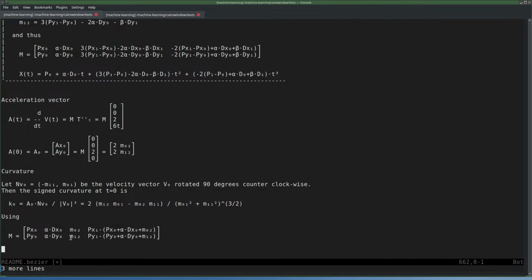So I do not keep this one or this one, but introduce a new variable, which is the acceleration in the same direction as the velocity. And that's arbitrary. And in the other direction is just fixed.